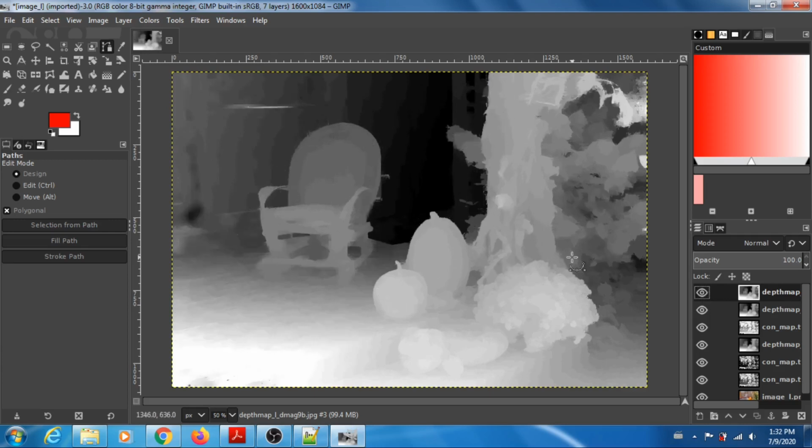So the first thing you notice is that you don't see those big giant blocks. And the second thing is, I think in general this depth map is actually better than the other one, even though you still have things that are bad here.